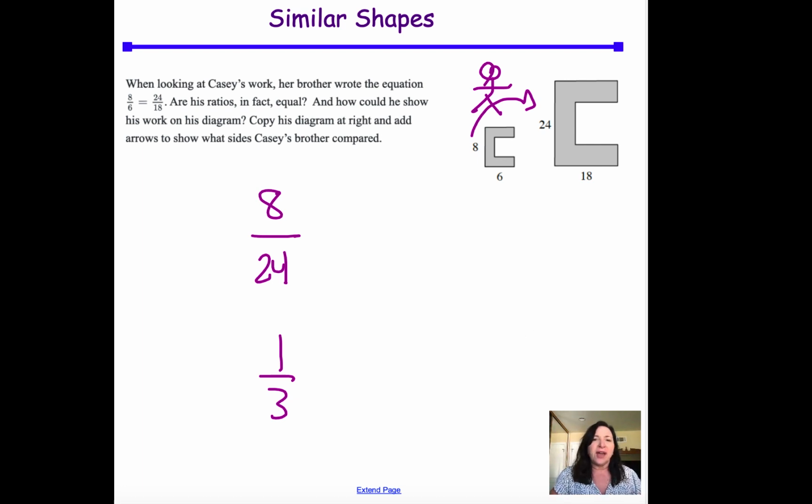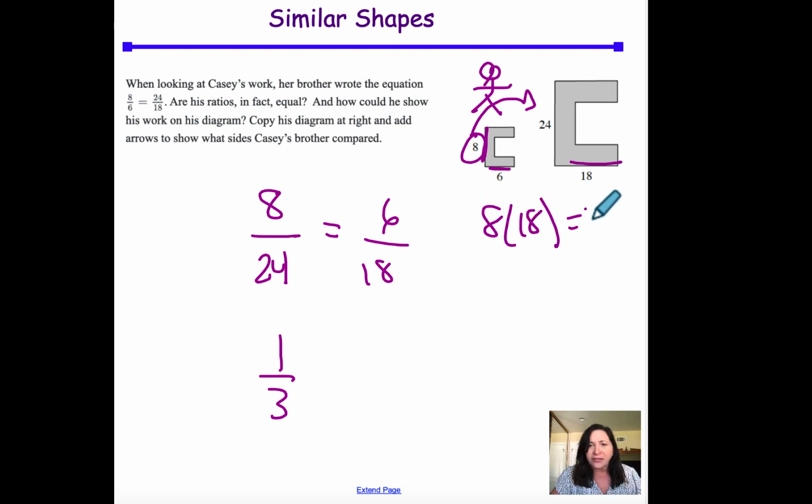How do I know that she did this right? Well, the way we do that is we make a proportion. And we go this side, the same lengths, right? The same vertical, vertical. So we go 8 is to 24 as base is to base. So 6 is to 18. And you would do a couple of different options. You could cross multiply and go 8 times 18. Does that equal 24 times 6, right?